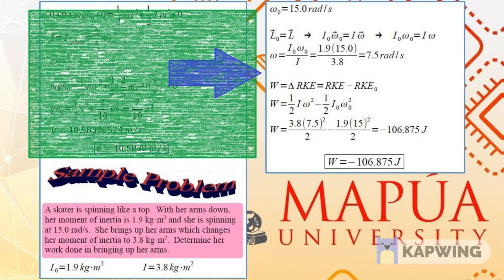And we are able to determine the final angular speed of the skater to be 7.5 radians per second. So from 15 radians per second, the angular speed changes to 7.5 radians per second, which means the rotational kinetic energy changes. Then, to determine the work done in changing the rotational kinetic energy, the work done is calculated to be negative 106.875 joules.